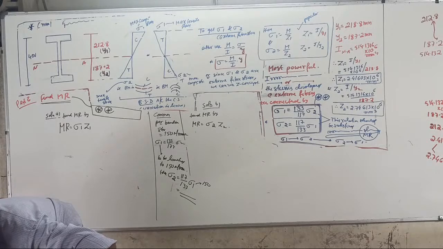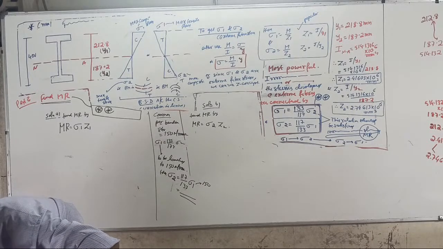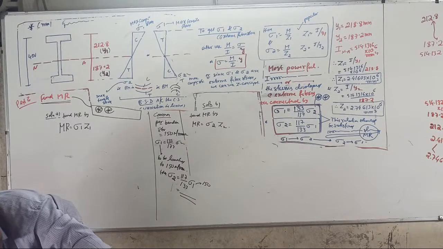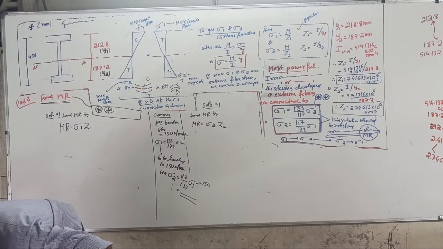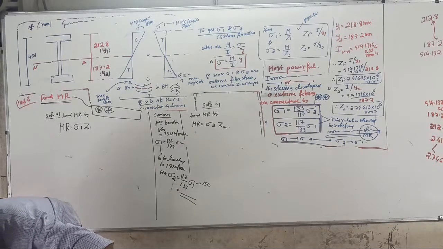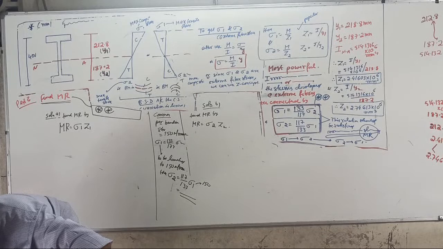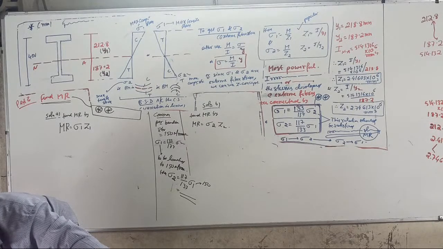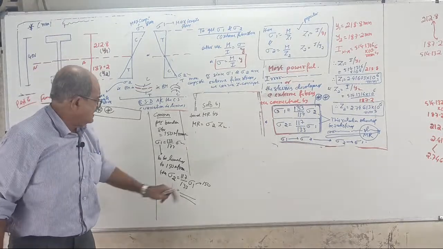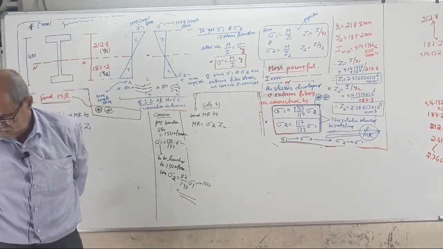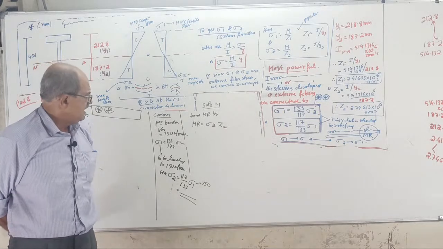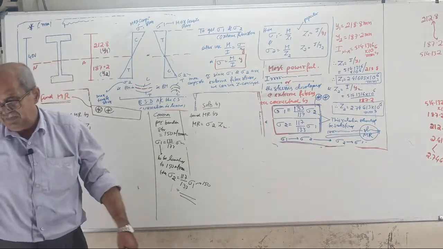In this question, sigma 1 is more. Again, you are wasting time. Substitute there and tell the answer fast. What is sigma 2? You are wasting a lot of time.